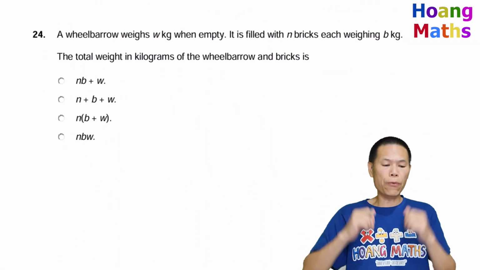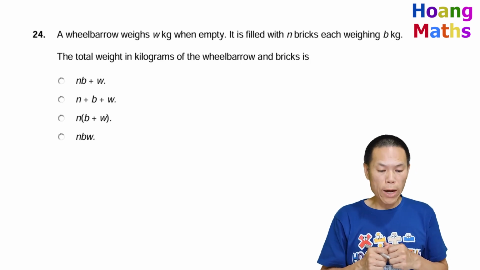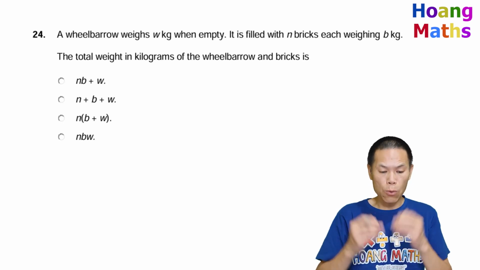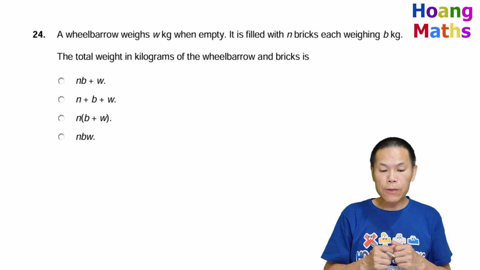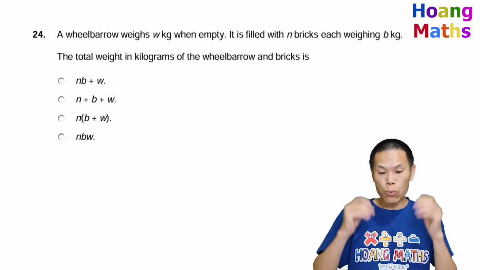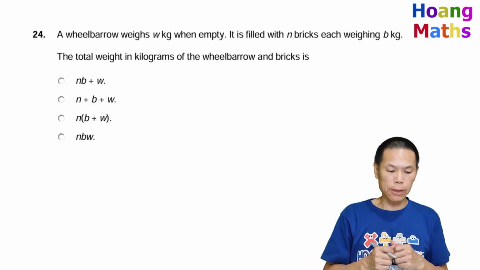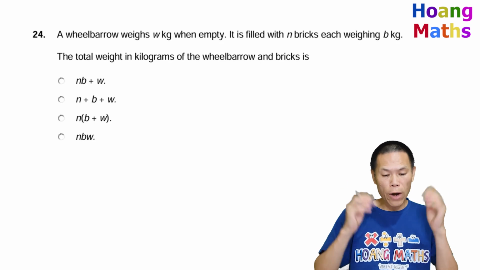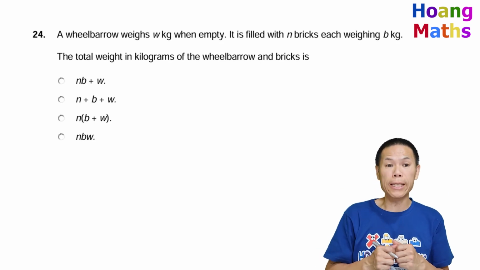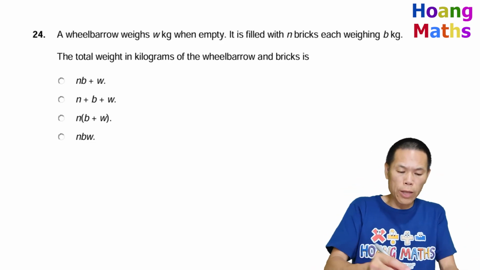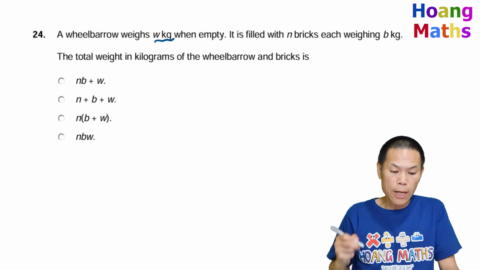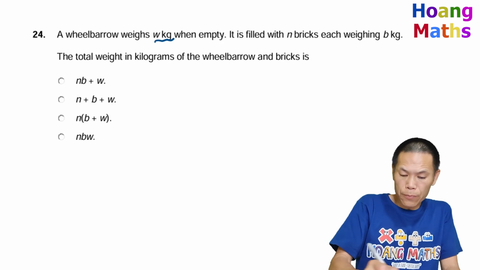Question number 24. A wheelbarrow weighs W kilograms when empty. It is filled with N bricks, each weighing B kilograms. The total weight in kilograms of the wheelbarrow and bricks is, so first of all, we know that W is the weight of the wheelbarrow.